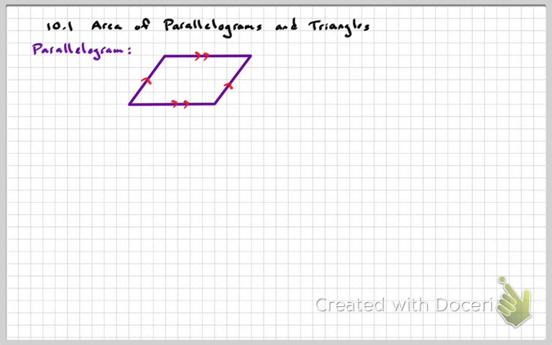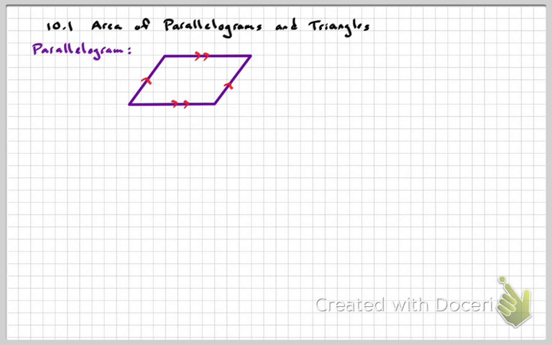Now, the tendency for people with a shape like this is to think it's just like a rectangle. And if we know the area of a rectangle is just base times height, just like a square, and you applied that idea to this figure on our left, you'd think, here's our base and here's our height, so it must be the bottom length times that side length.